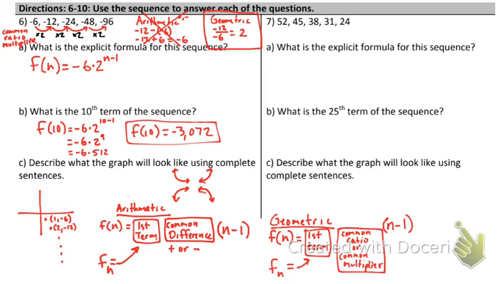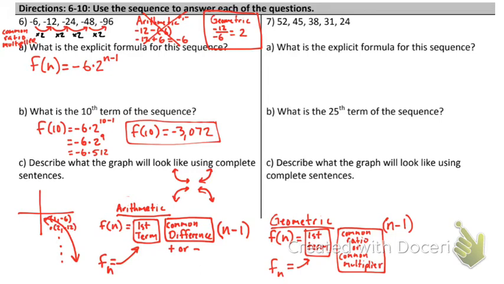So it's a bad sketch, but it does this. Okay. And again, you can see that here because by the time you get to the 1, 2, 3, 4, fifth term, you're all the way down to negative 96. Okay. So that's kind of how you're going to check this.